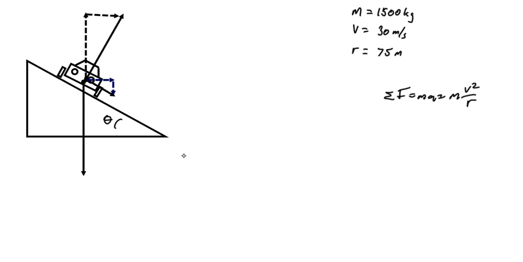So we're going to say that the sum of all forces in the y direction is going to be equal to, let's see, we've got mg acting down, so let's call that negative. So we have negative mg plus any positive forces. And in fact, let's keep with the negative forces.